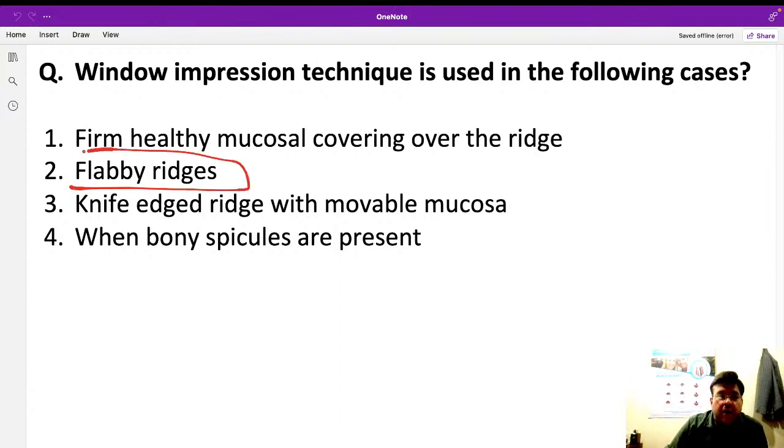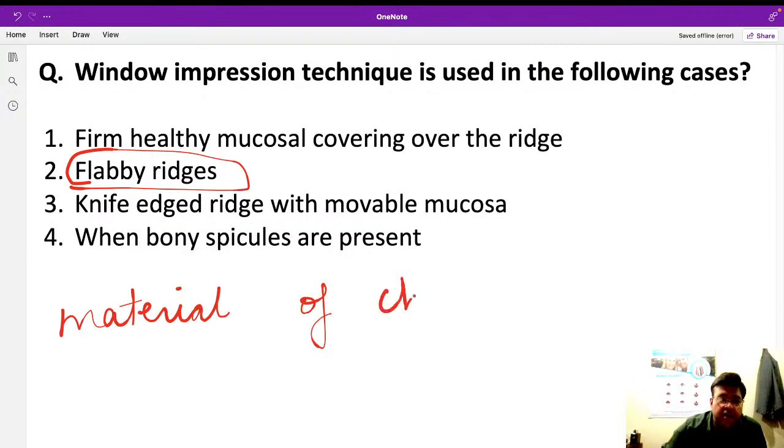Flabby ridges are where window technique is used. And what is the material of choice? What is the material of choice for flabby ridges? Yeah, you are right. It has to be mucostatic.